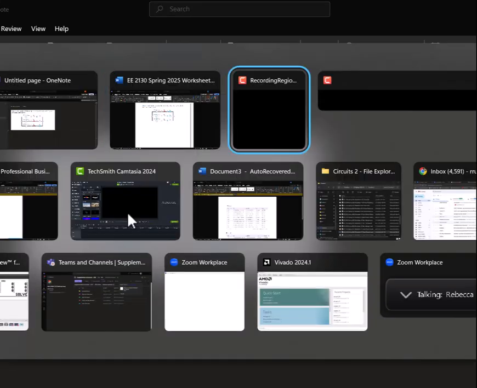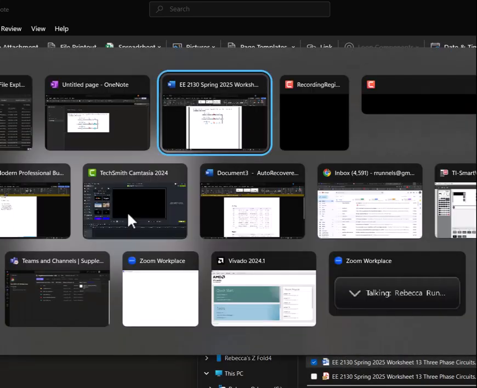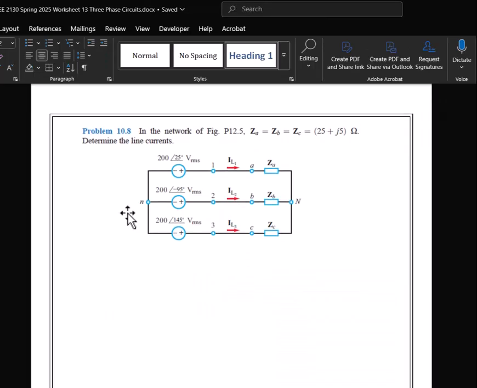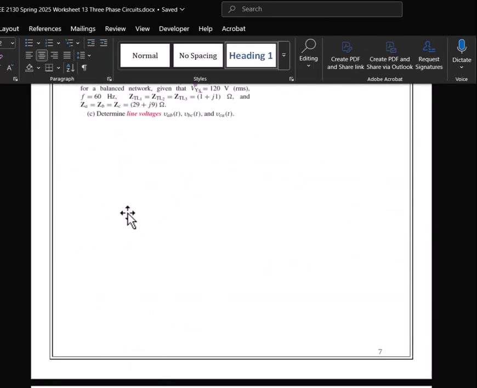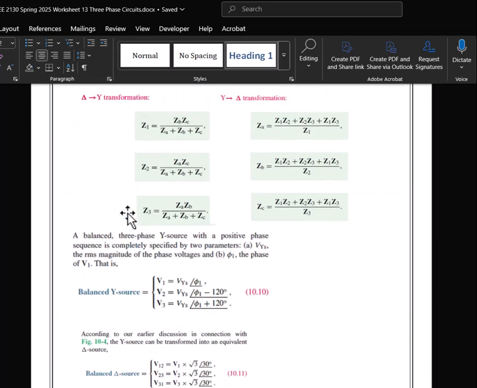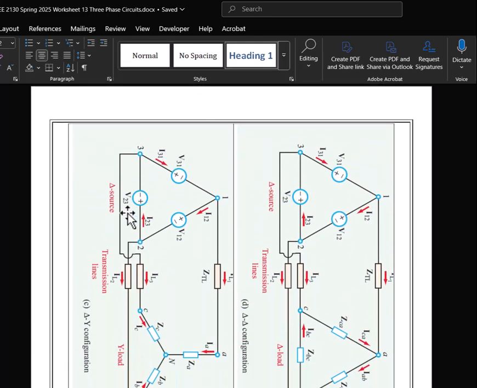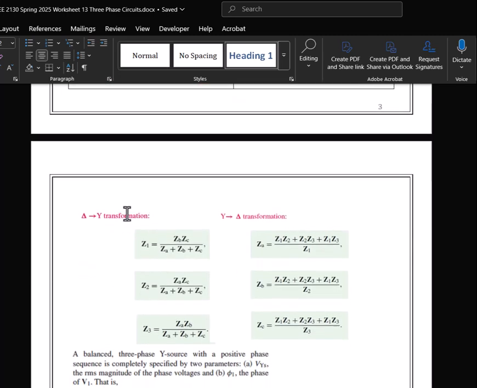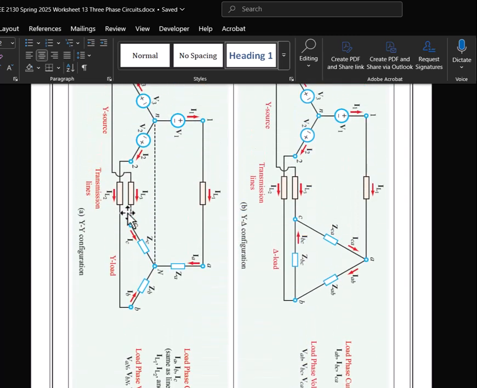Okay, not bad. You're right. So let's take a look at our pictures here. What we want to look at is whether we're measuring the voltages relative to each other, which means we're looking at delta, or relative to a neutral or to ground, which would make it y.